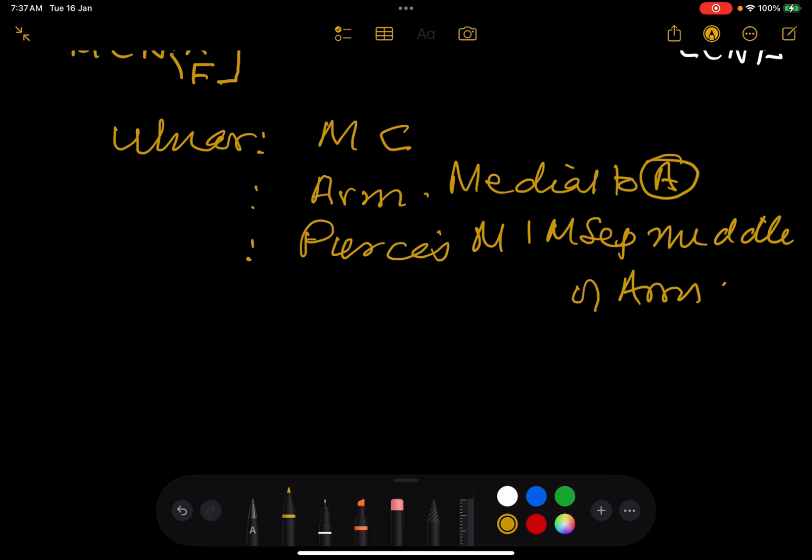And then you must remember this diagram. Looking to the elbow from the medial side, this is the medial epicondyle. Here you can see the trochlea. Then you can see the olecranon and the coronoid.